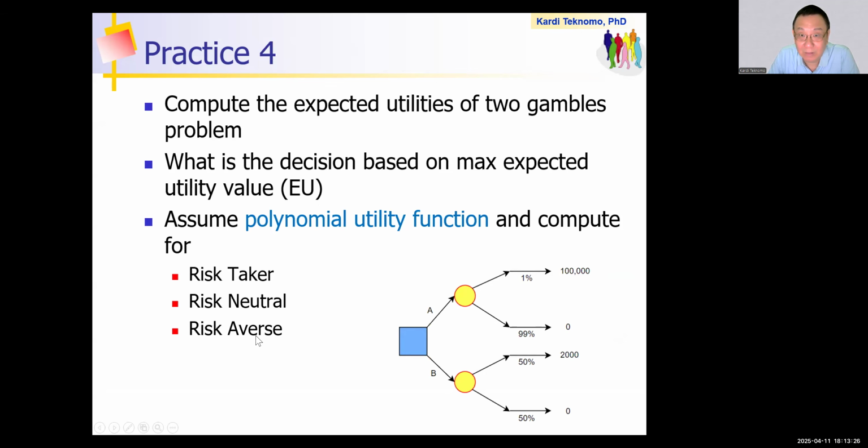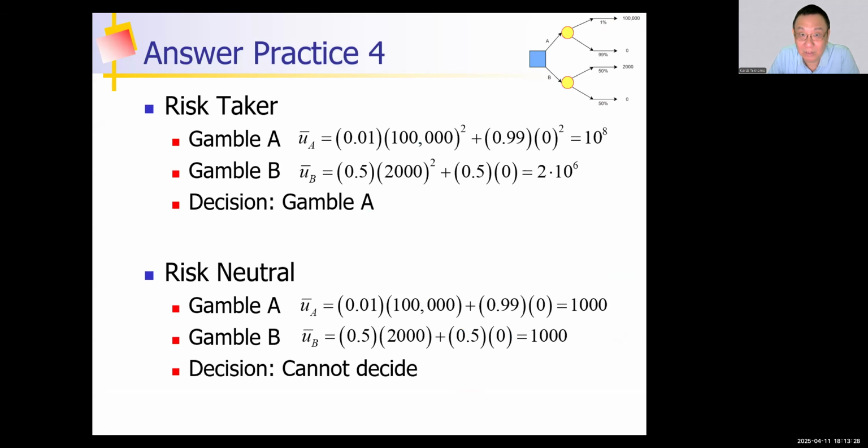Then you can start to see. So when you are risk taker, you put the probability here. So 1% multiplied by the actual payoff, 100,000 square, plus 99% times 0. So this is a very big number.